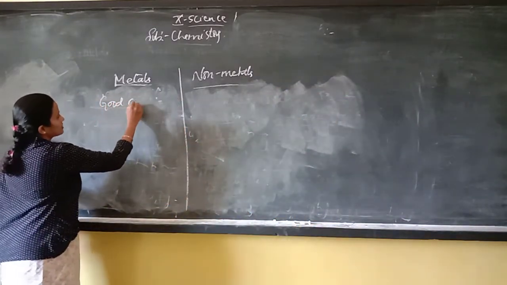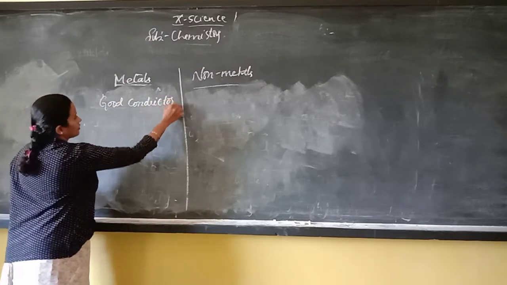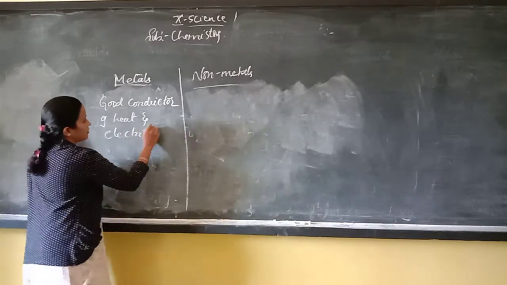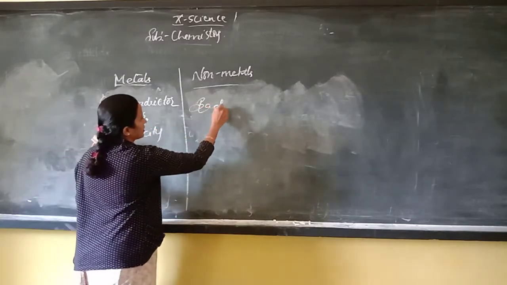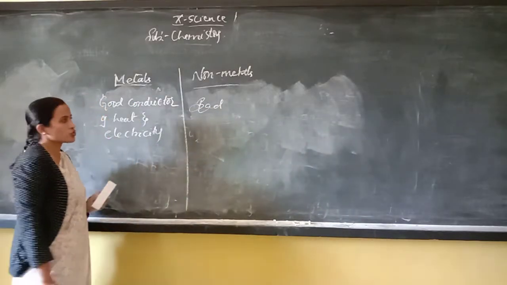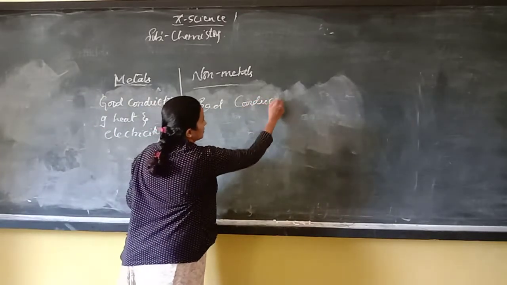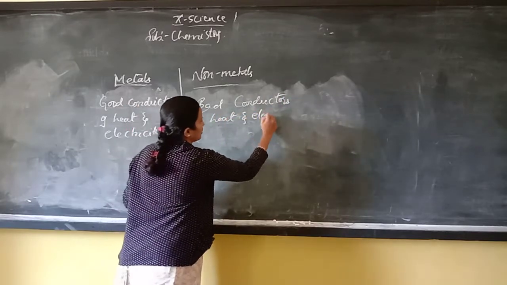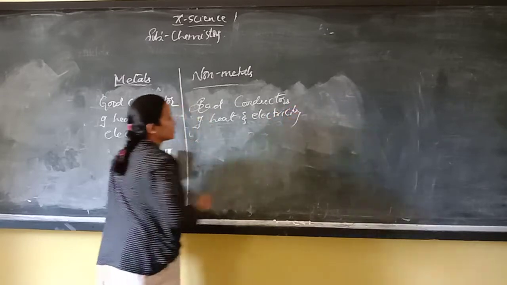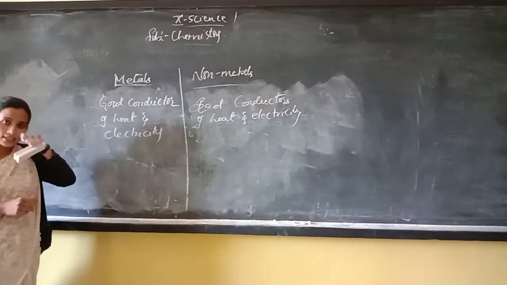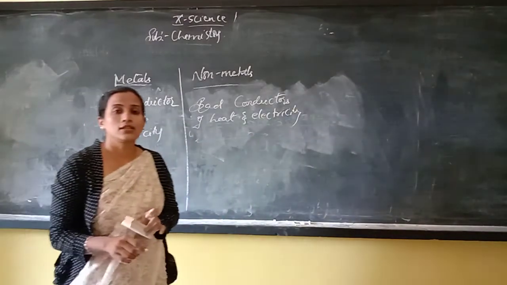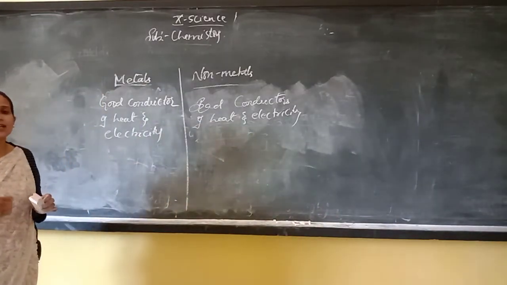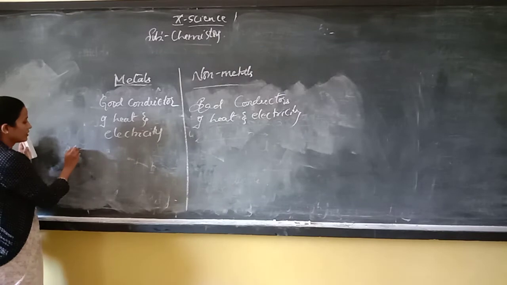Metals are good conductors of heat and electricity. Here, non-metals are bad conductors of heat and electricity. The next important property is good conductivity. All the metals conduct electricity. Why? What is the reason?